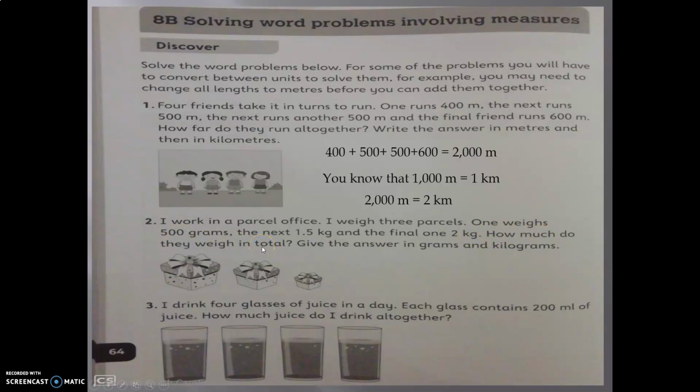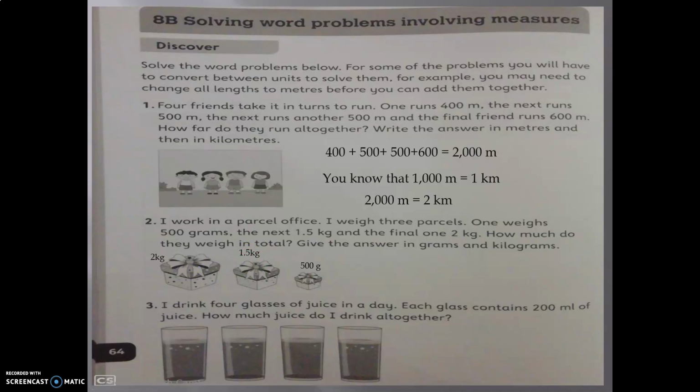Miss Sarah, we know that total means plus. But excuse me, we need to check the numbers given in the question. The first parcel is 500 grams. The next one, 1.5 kilograms. The last one is 2 kilograms.